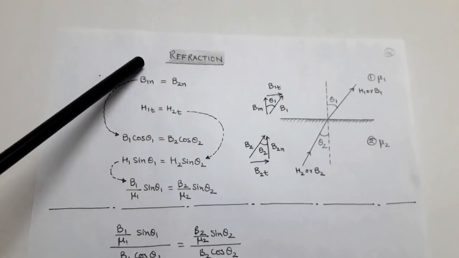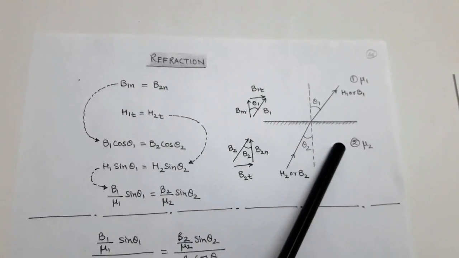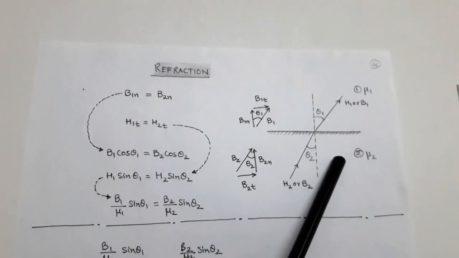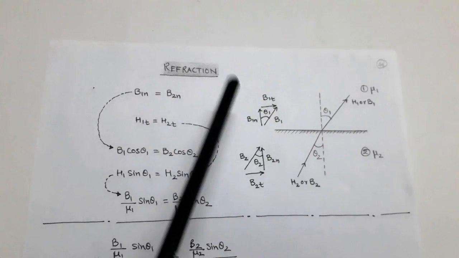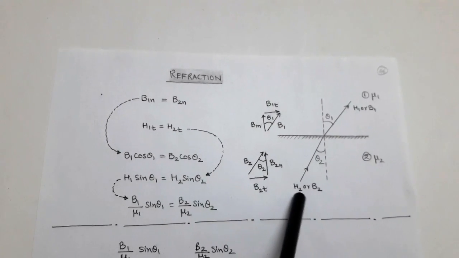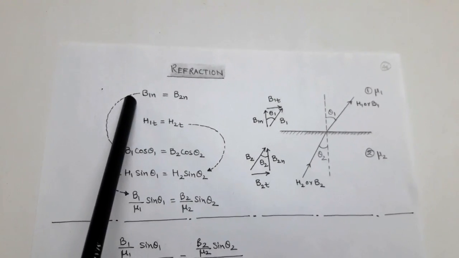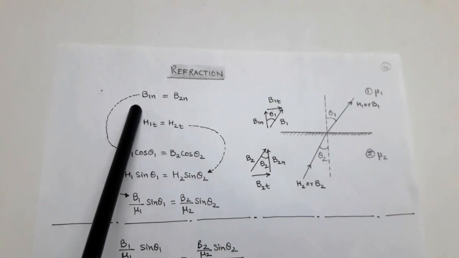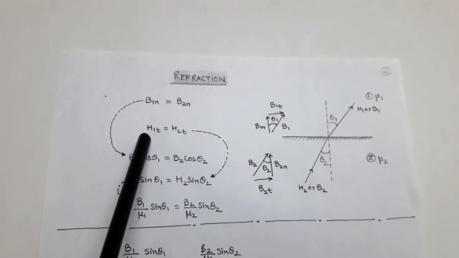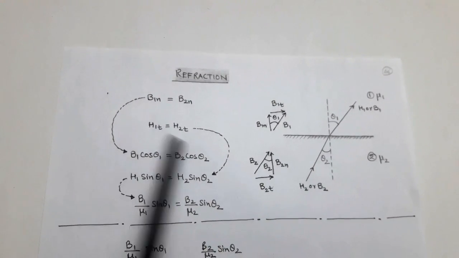So here we consider magnetic media having permeability mu1 and mu2, and we consider magnetic fields H1, B1 and H2, B2. Here we consider the continuous boundary conditions, that is, the normal component of B is continuous at the boundary and the tangential component of H is continuous at the boundary.